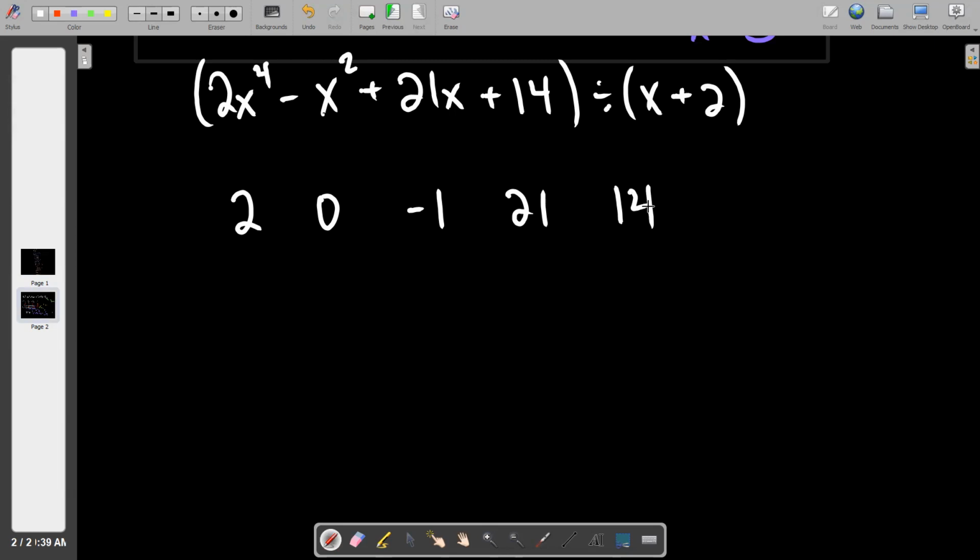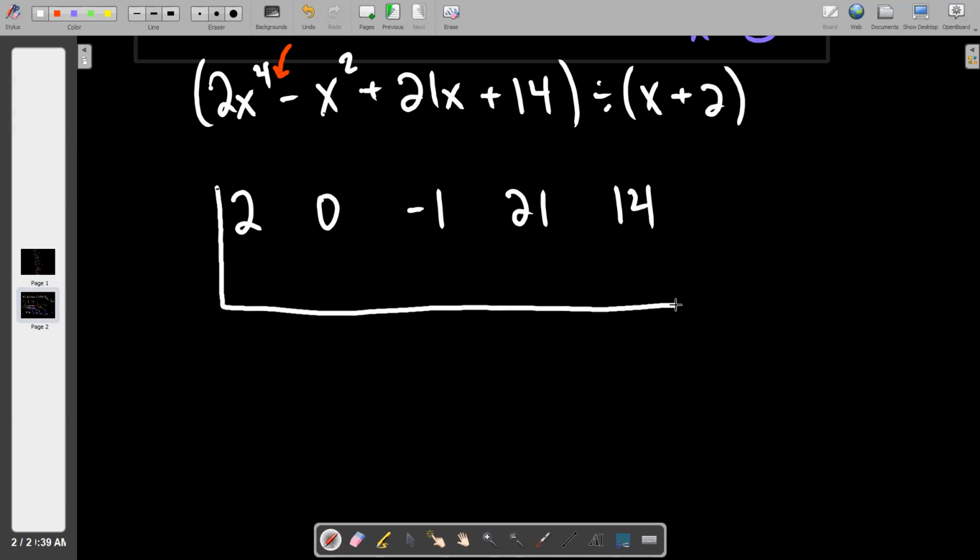They went 4, 2. So there is a missing term right here where this red arrow is pointing, and it is 0x to the third. You must acknowledge that with a 0 in the proper place. Got it? And that is the answer to the question of what happens if there's a missing term.